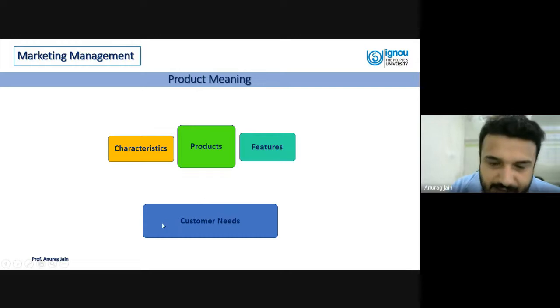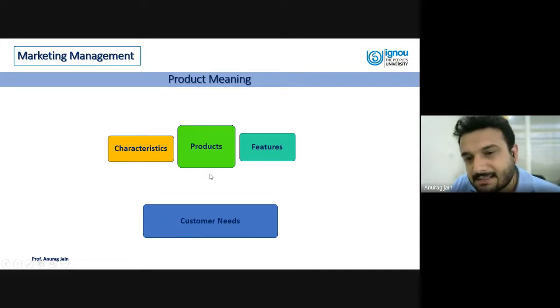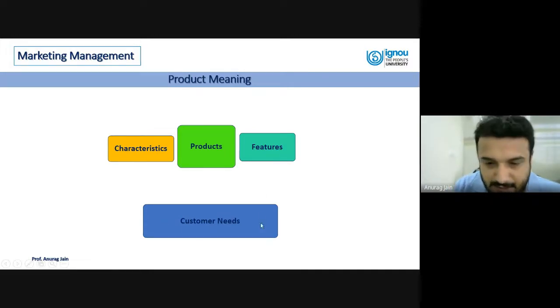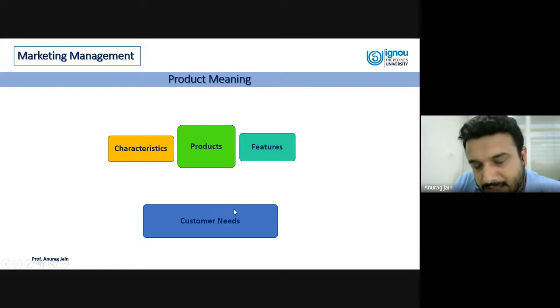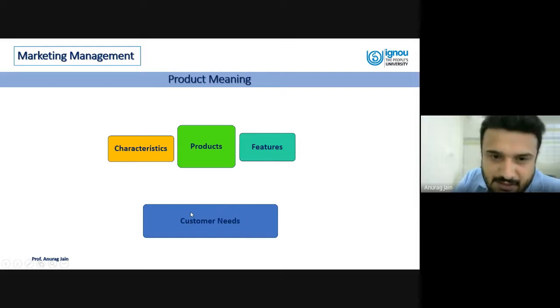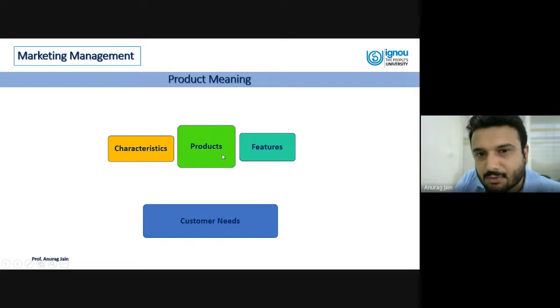That is the reason I have kept customer needs at the base, as you are seeing in this figure. Ultimately, the products which marketers are designing or offering to the market, the idea itself has come through the customers, and that is why I have kept it at the foundation. There are some characteristics and features associated with these products which make them capable of fulfilling the customer needs.